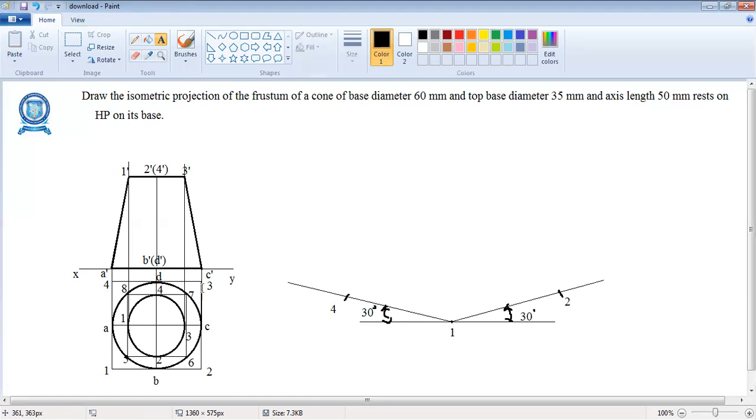Then try to cut the point 3. Take the measurement 2 to 3 and from 2 cut the arc here. And from 4, take the measurement 4 to 3 and cut an arc.